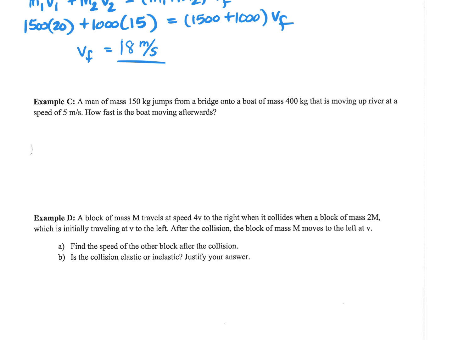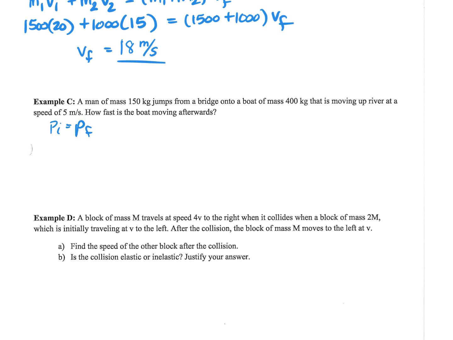A man of mass 1,500 kilograms jumps from a bridge onto a boat of mass 400 kilograms that's moving upriver at a speed of 5 meters per second. How fast is the boat moving afterwards? So we've got before, remember, P initial equals P final, right? So the initial state is what? What's moving initially?